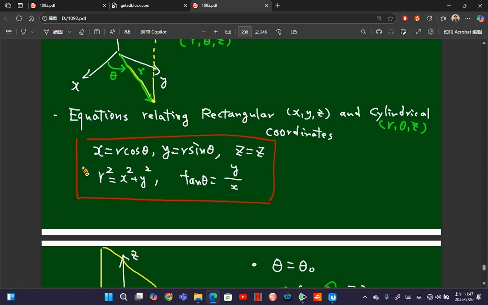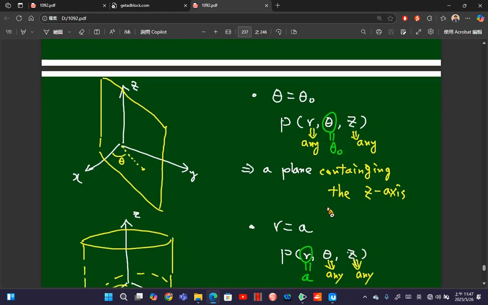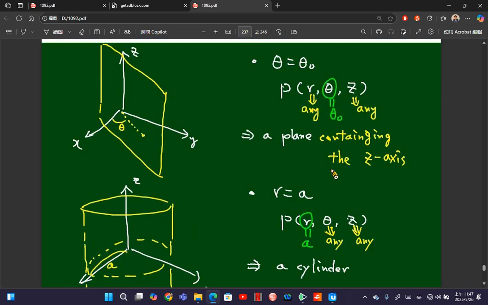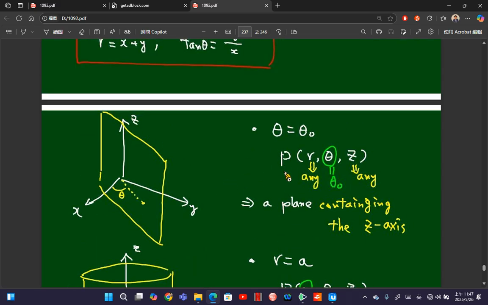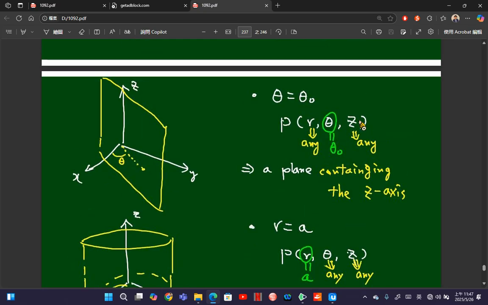So by using these three equations, each point will be described as r, theta, and z. This part just gives you a quick idea that if I give you an equation, theta is equal to theta 0, actually it will be a plane containing the z-axis.